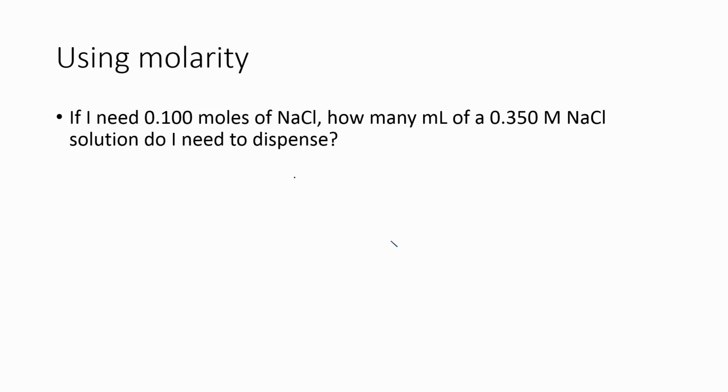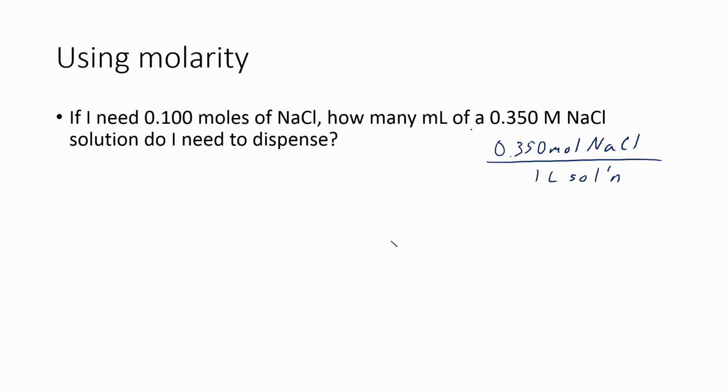All right, well, let's try another example. If I need this many moles of sodium chloride, how many milliliters of 0.350 molar sodium chloride do I need? So keep in mind, and this isn't a bad practice, wherever you see molar, just write out what it really is so you don't get confused or forget what that translates to.